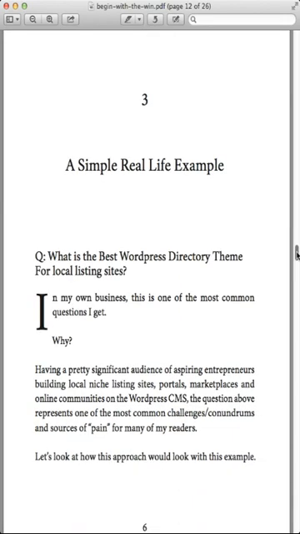All right. So let's look at a real life example. It's very simple. Many of you who are watching this will understand and relate to this because you've probably come into my community through this specific example. I have a lot of folks who are building niche directories, communities, marketplace style sites in the WordPress ecosystem and are looking for the best theme or framework or set of plugins by which to accomplish that goal.